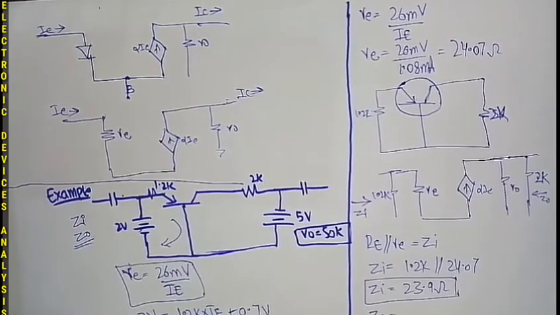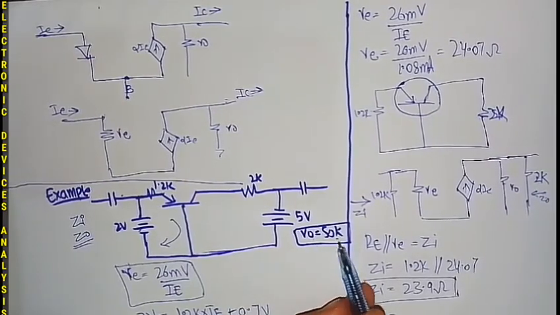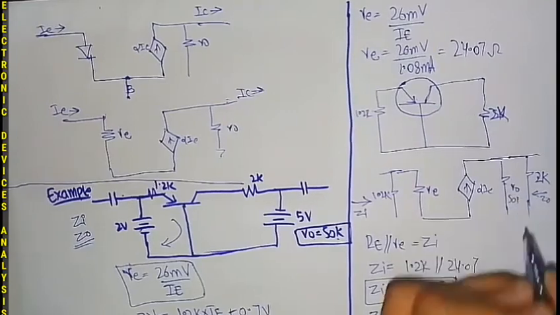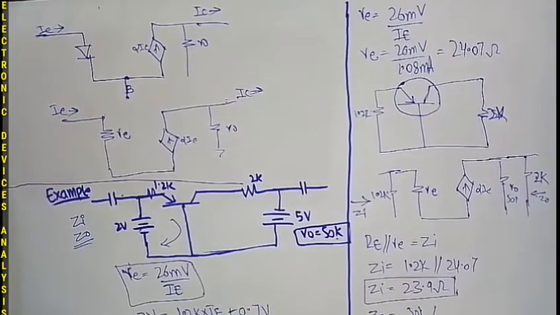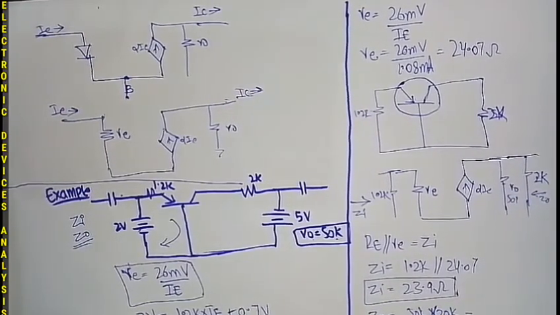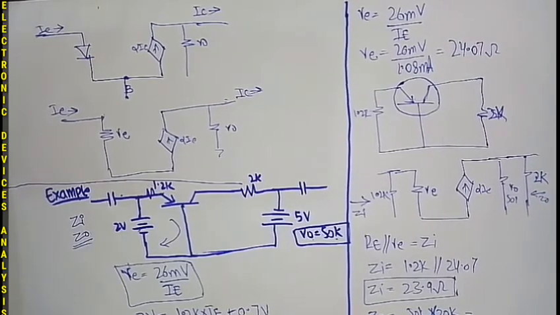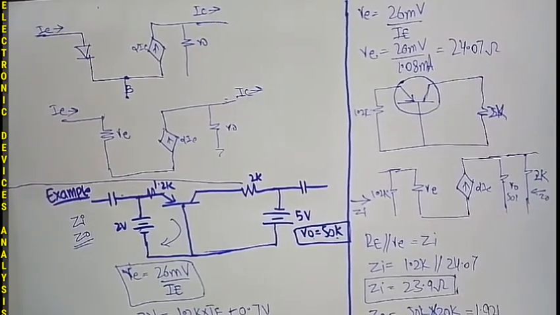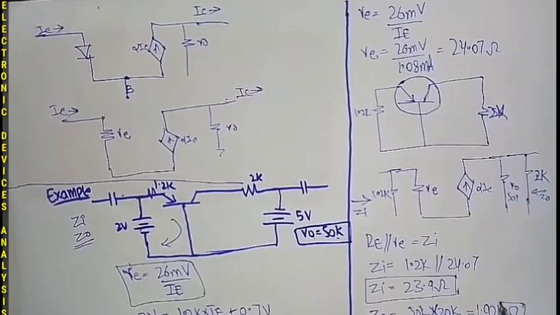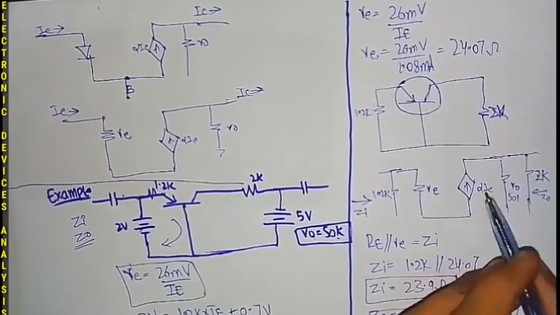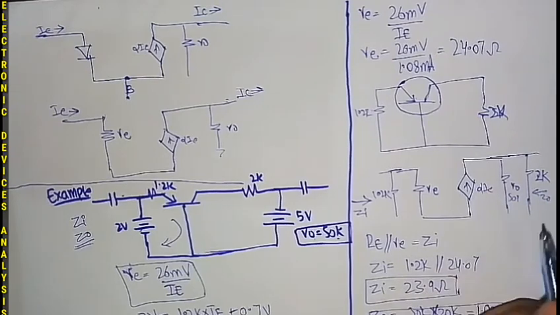Now we will calculate the output impedance, and here r0 is given as 50k, so this will be the value of 50k. So 50k is in parallel with 2k. So the answer of Zo calculated from this branch is 1.92 kilo ohms. Why will we not take the value of alpha times IE?